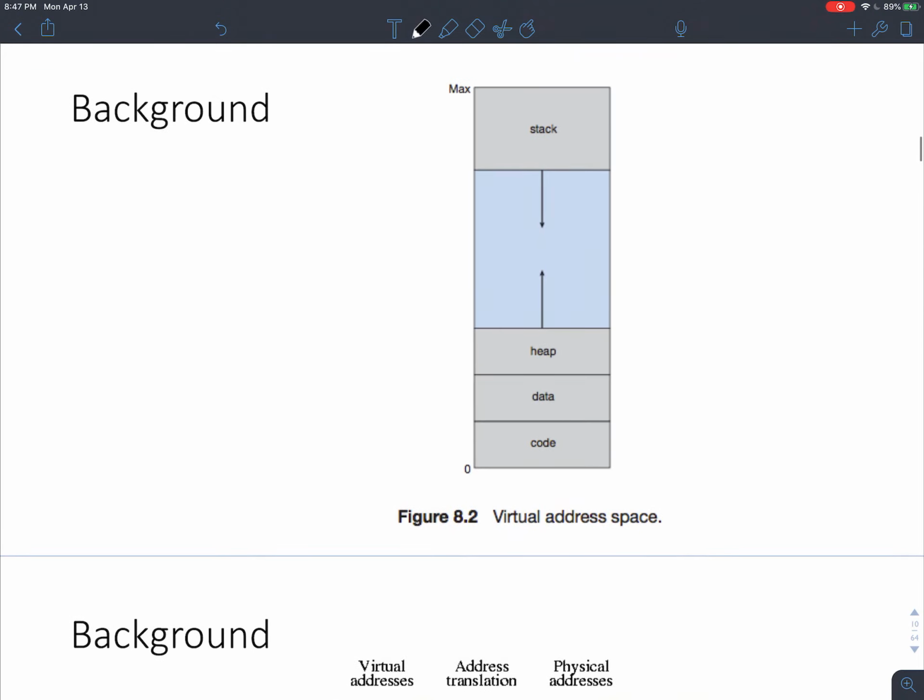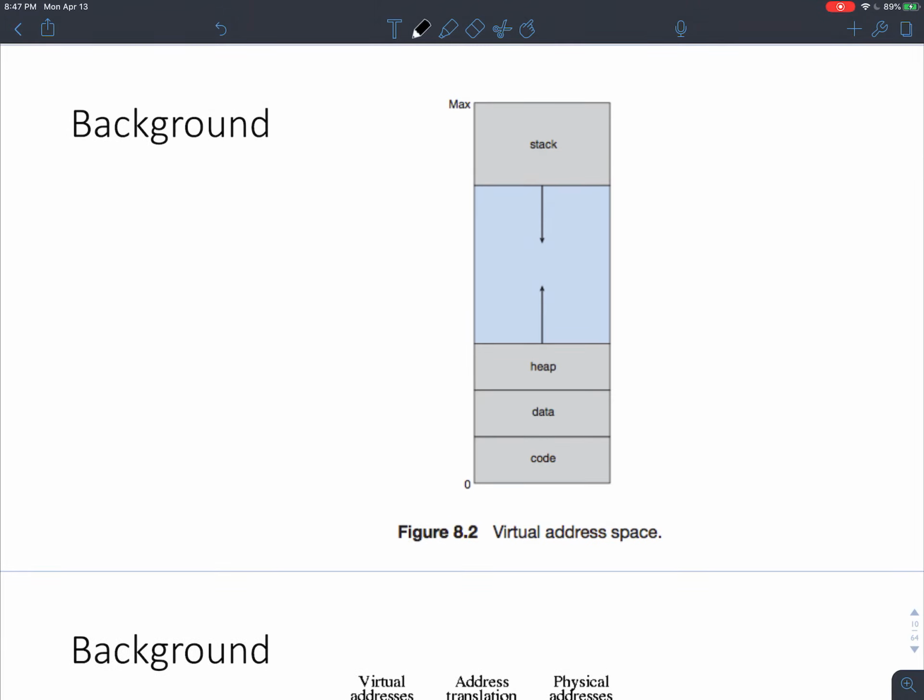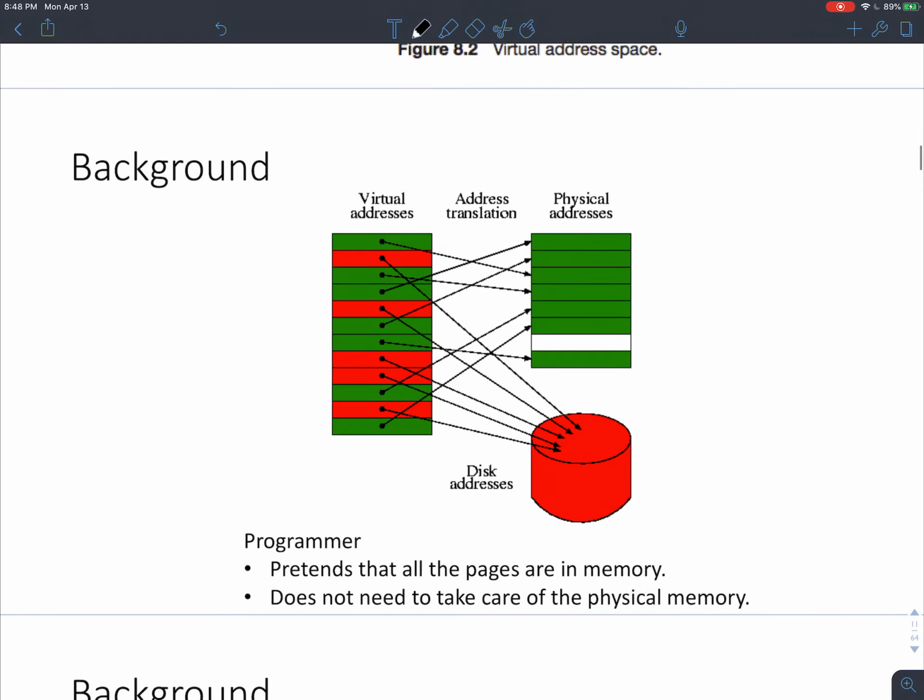You may be familiar with this page. Previously, when we talked about the process memory space, at that time we were talking about the physical memory space of a process, but here we can extend it to the virtual memory space of a process. It includes code, data, heap, and stack.